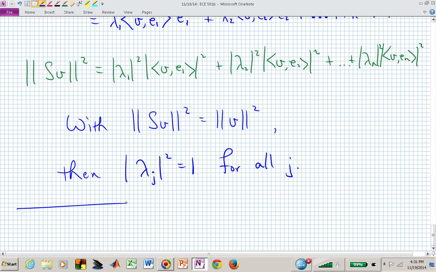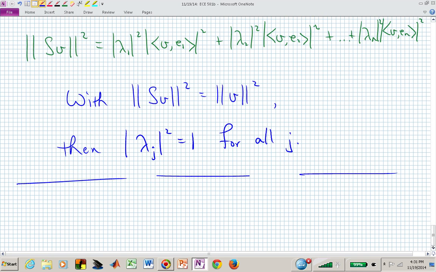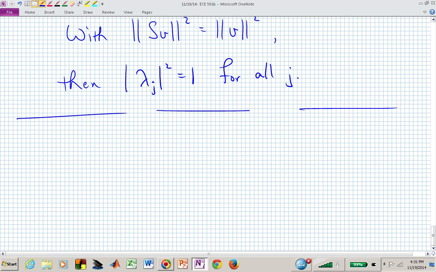So there's one result. If we have an isometry, which means that the norm of SV is equal to the norm of V for all V, then we know that the eigenvalues of that operator are all 1.